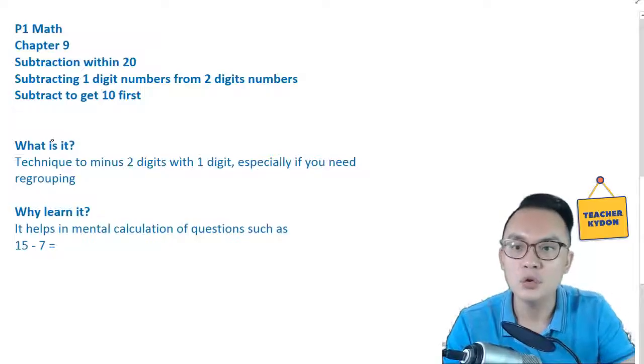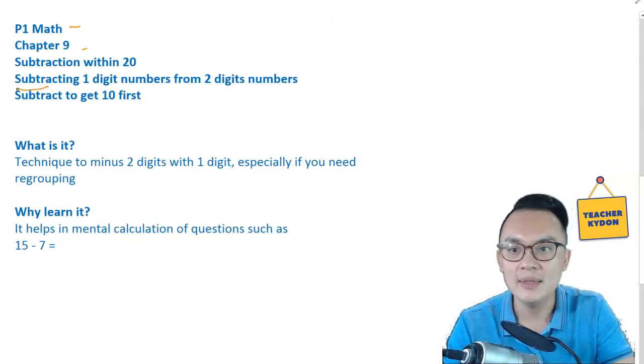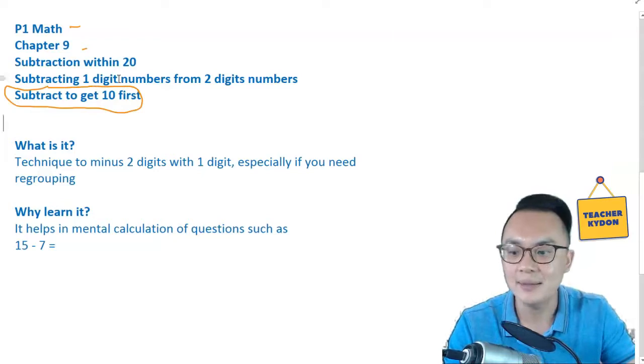Hi, in this video, I'm going to do Primary 1 Mathematics, Chapter 9, Subtraction within 20. Subtract one digit number from two digit numbers. The main thing is this, we are going to be looking at subtract to get 10 first.